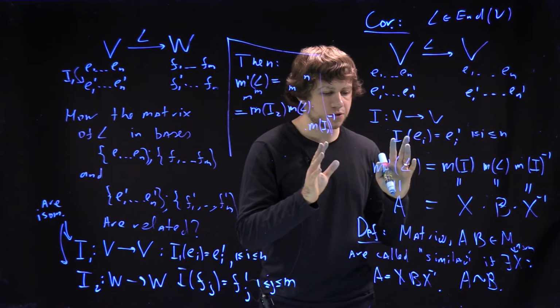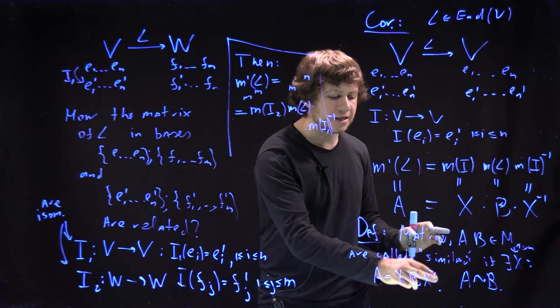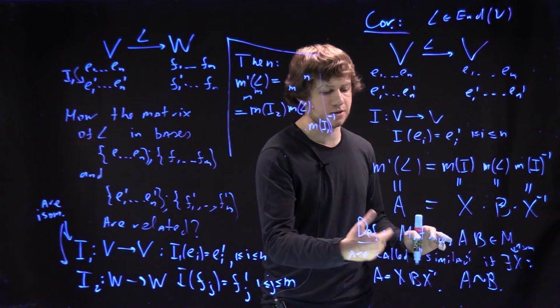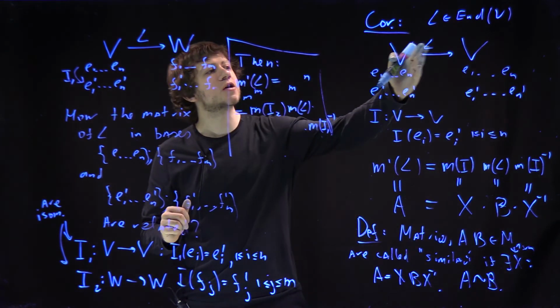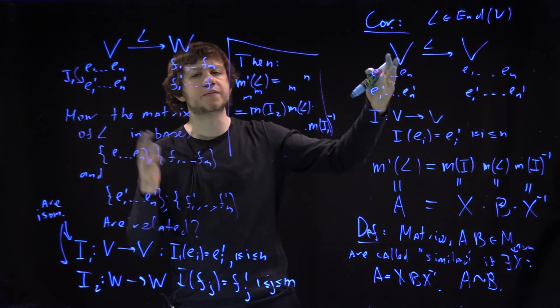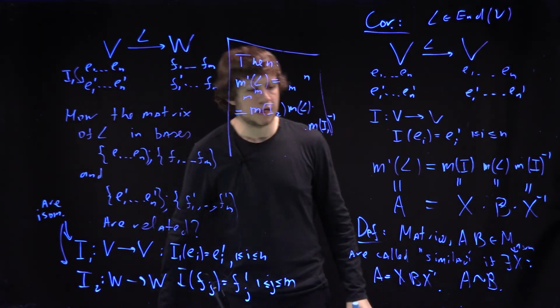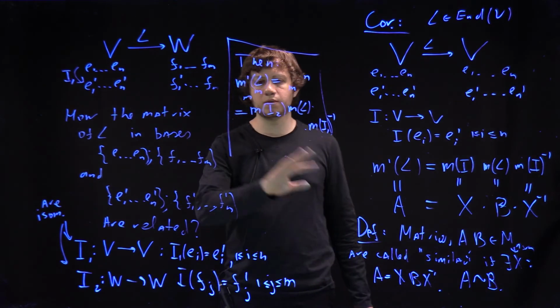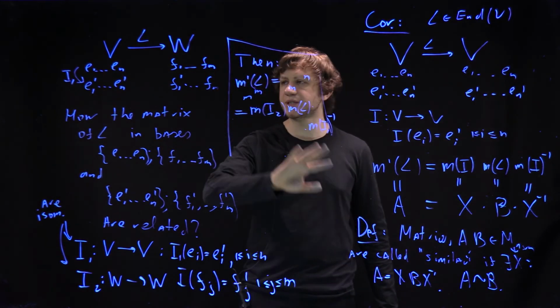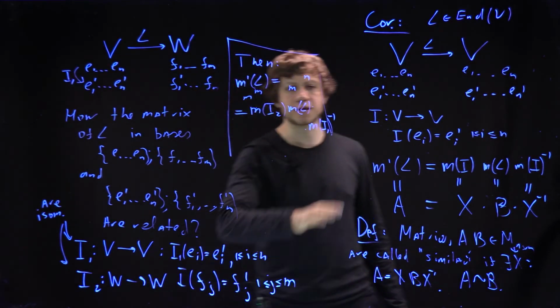So this is why finding a similar matrix of more simple form is exactly the same thing as taking a linear map and choosing the most convenient basis to think about it. Okay, so I want to formulate maybe a few more simple corollaries and ideas. Let me erase this part now.